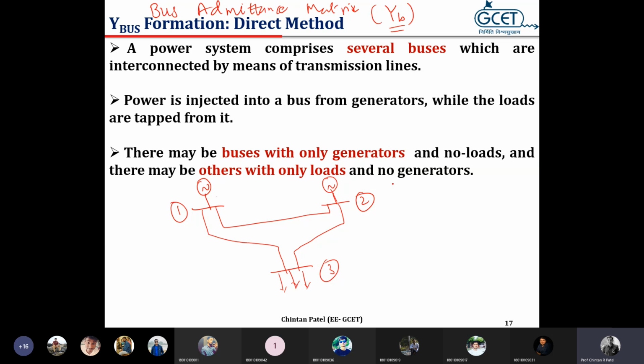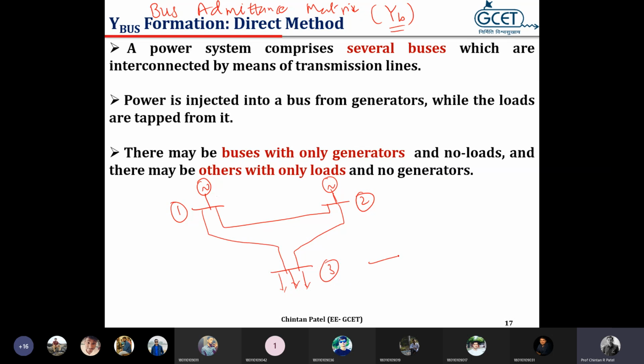So bus number 1 and 2 are known as the generator buses, because on bus number 1 and 2 only generating stations are connected. There is no load. Whereas at bus number 3 only loads are connected. So bus number 3 is known as the load bus.